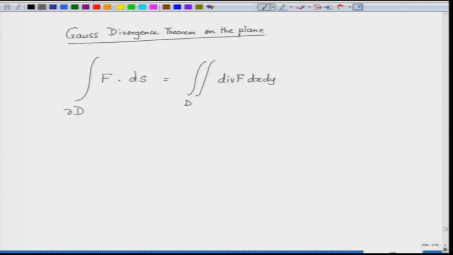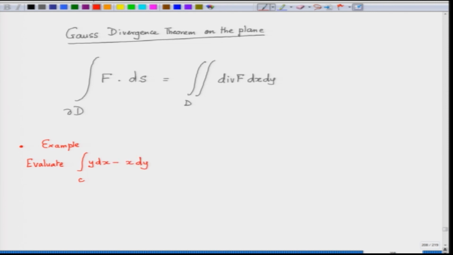So, there are several examples. Just as an example, I will end before I end the talk. For example, there is a problem here: evaluate the integral over C of y dx minus x dy.